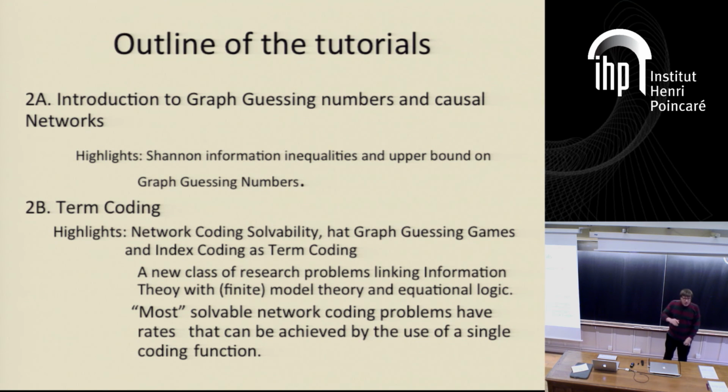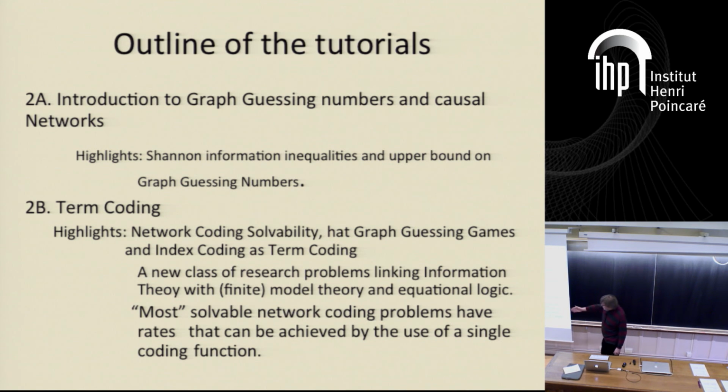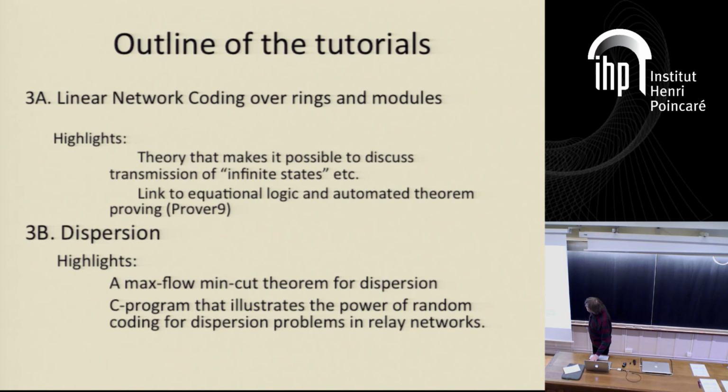However, you cannot achieve the full capacity. If you have solvability with general coding functions, then you can use one coding function and achieve the information theoretic limit. In the limit you can solve it, so to speak. From an information theoretic or practical point of view, you can solve it using just one coding function. And again, it pops out of the general theory fairly easily when you set up the right way of looking at it.